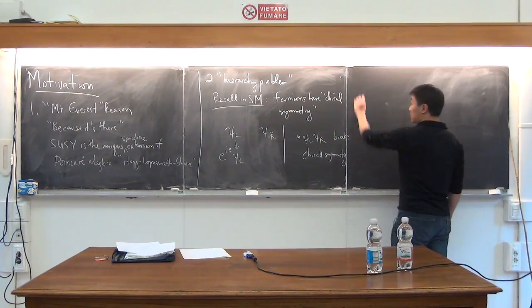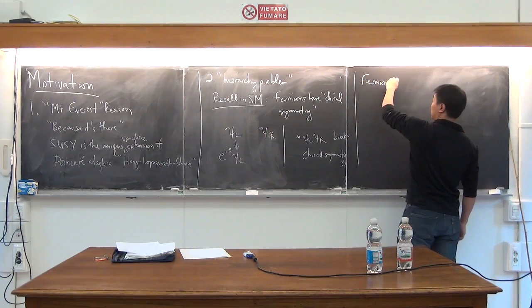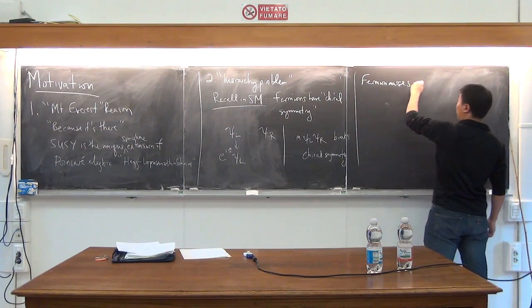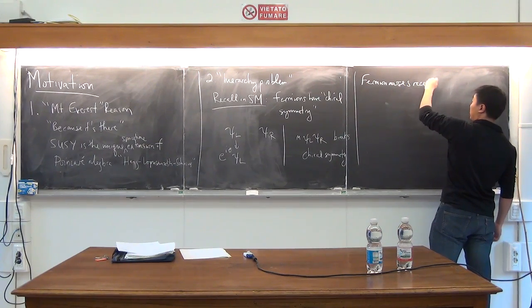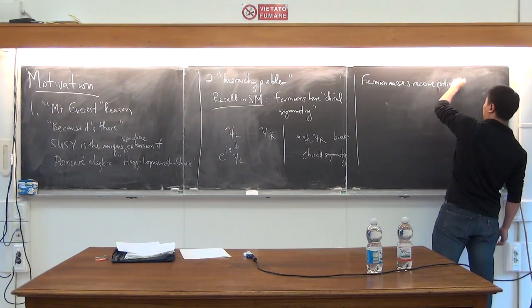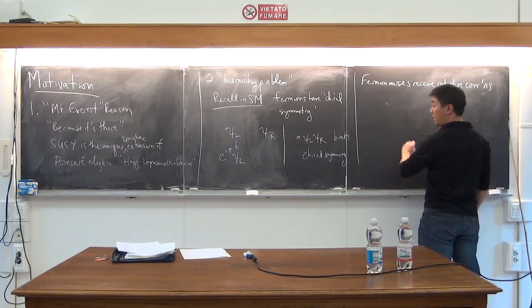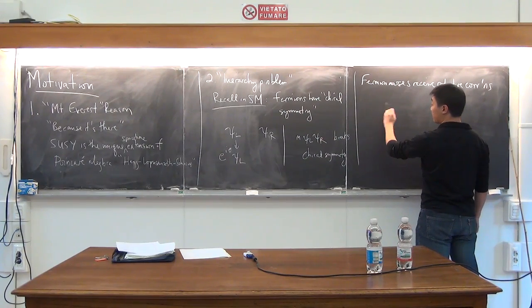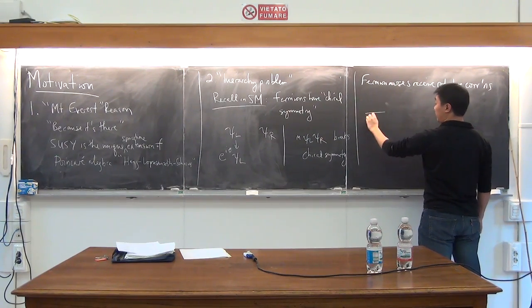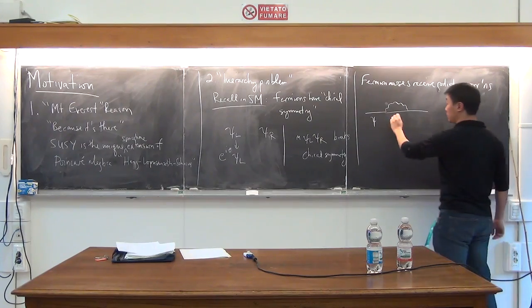So the fermion masses, like everything else, receive radiative corrections. So, for instance, we could have some fermion coming in, and then a gauge loop like that, right, at one loop.